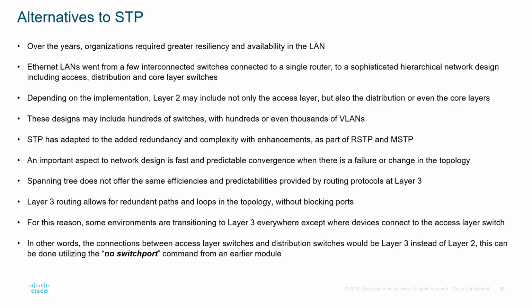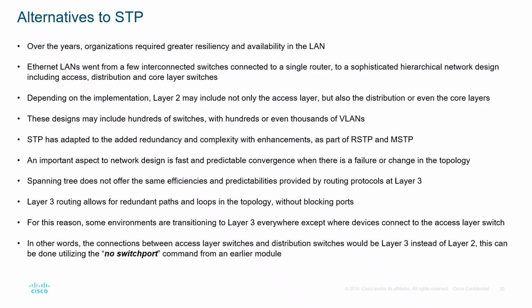Depending on the implementation of this, Layer 2 may include not only the access layer, but also the distribution layer or even the core layer. These designs may include hundreds of switches with hundreds or even thousands of VLANs. STP has adapted to the added redundancy and complexity with enhancements as part of RSTP and MSTP.